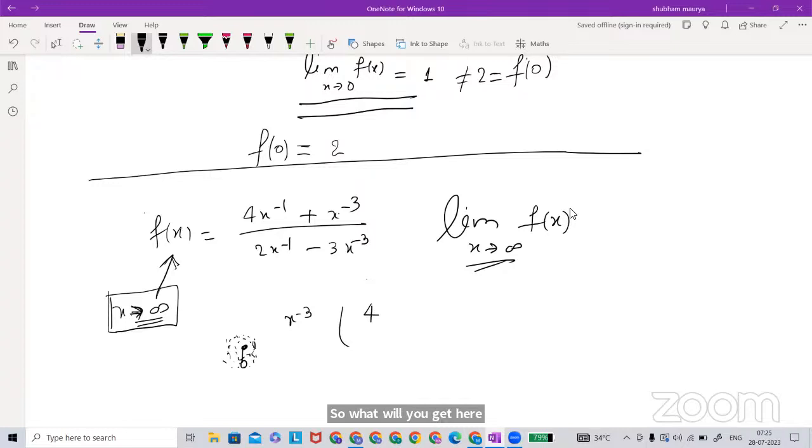We get 4x squared plus 1, and 2x squared minus 3.